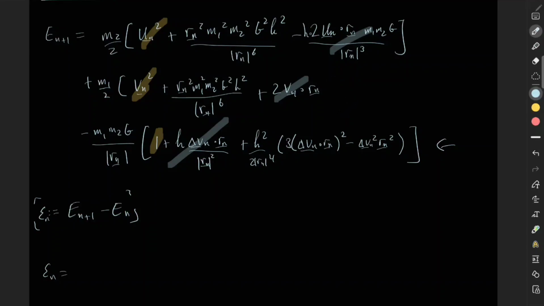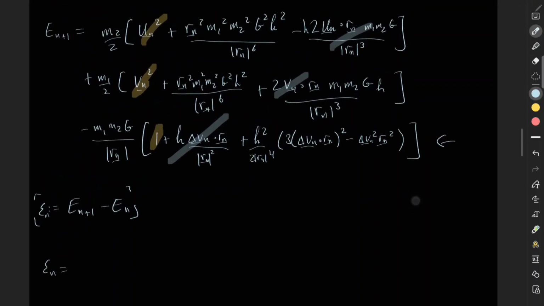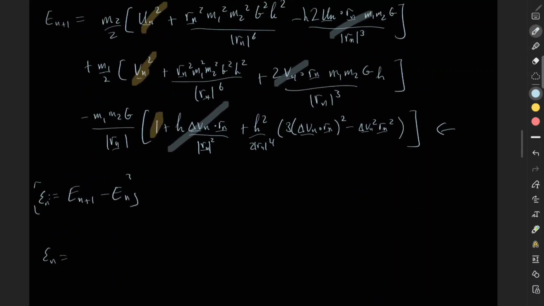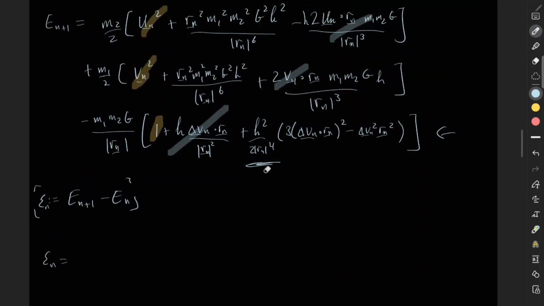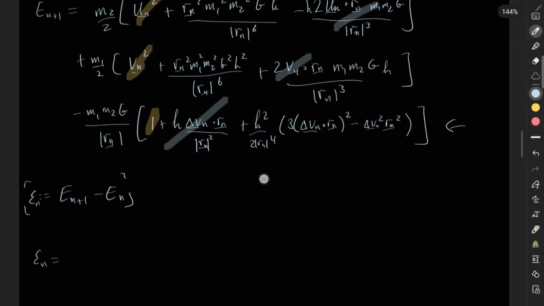There should be an h term here, and other multiplicative factors here, m1, m2, G over r_n cubed h. Right, so there's a bunch of cancellations going on, which is very nice. And we're just left with the second order terms, which is why I expanded to second order. Hindsight is gold.